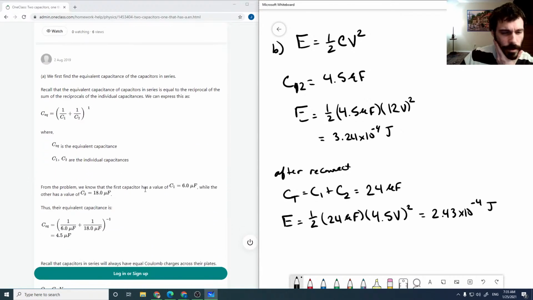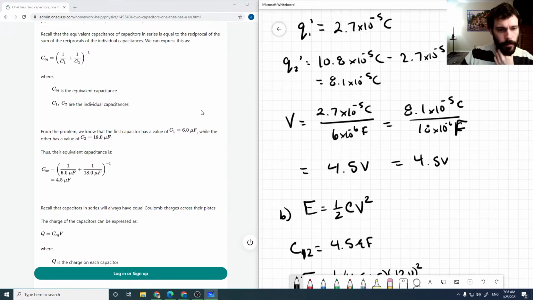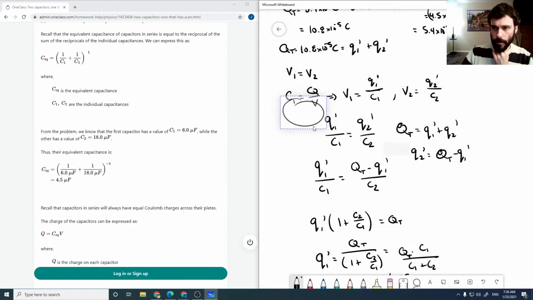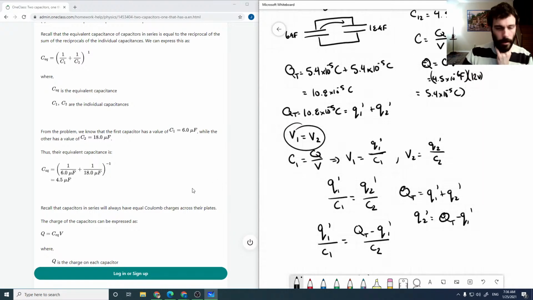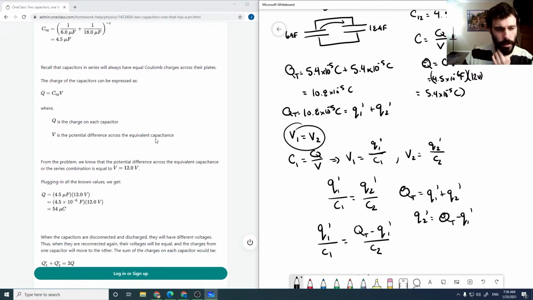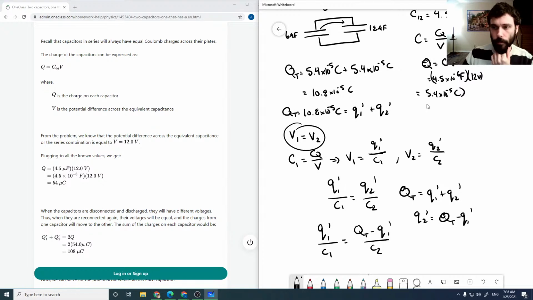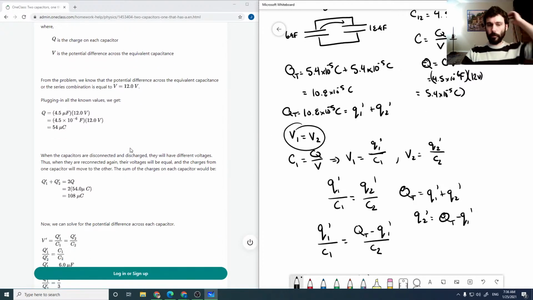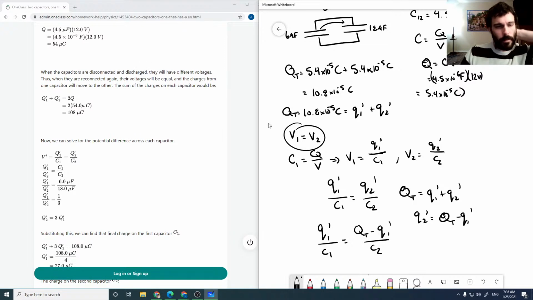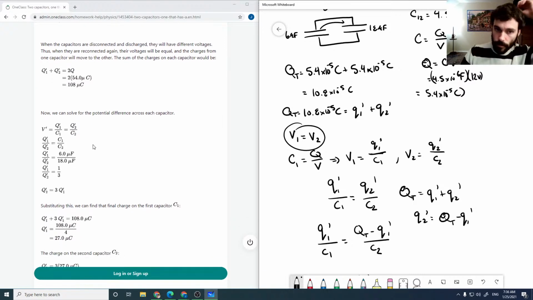Okay, so checking our solutions here. So up to the top here, I don't know what was circled there. So our equivalent capacitance is 4.5 microfarads. So we got our total charge as 5.4 times 10 to the minus 5 coulombs, or 54 microcoulombs. Our total charge is then 10.8 microcoulombs, or 10.8 times 10 to the minus 5 coulombs.